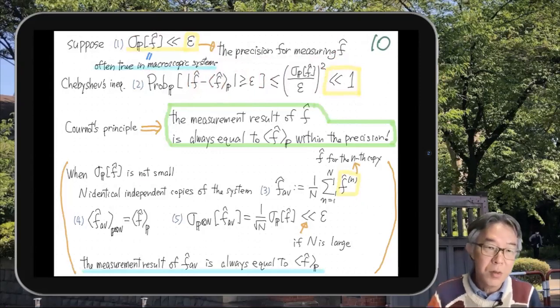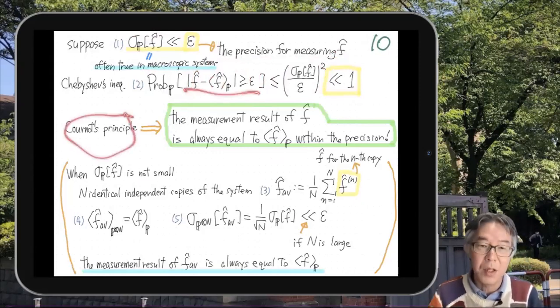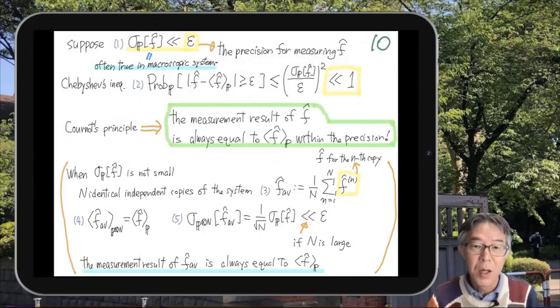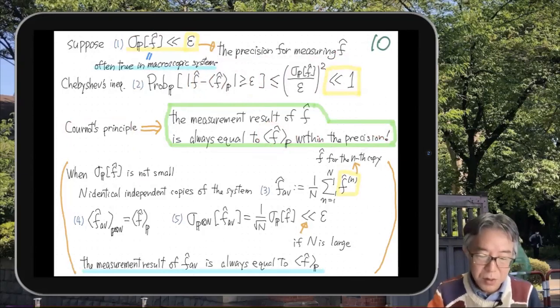And then Cournot's principle says that this event is never true in practice. So we can say that in practice the measurement result of f is always equal to the expectation value of f within the precision epsilon.